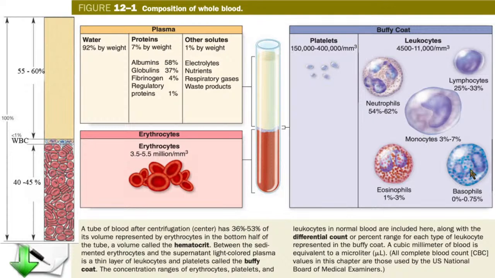Some of these cells contain granules and are named granulocytes, like neutrophils, eosinophils, and basophils. Under the microscope, the granules of the others are not visible. These are monocytes and lymphocytes. Originally granules are present, but light microscopy doesn't identify them.